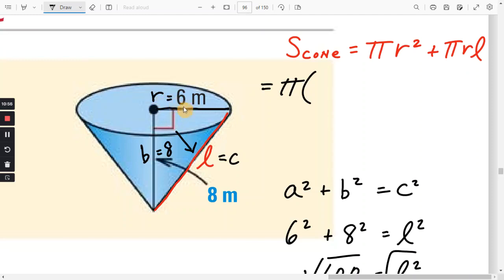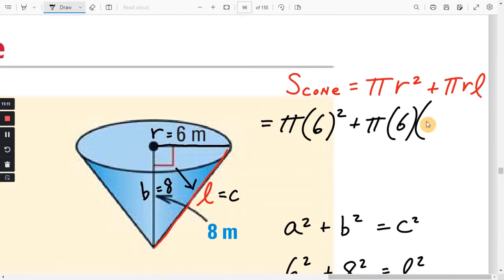So that's your radius. In place of r squared, I'm going to do 6 squared. And that's plus pi times r. Once again, that's 6. Times L, which we just found. We said that was 10. All right, leave pi alone. 6 squared, or 6 times 6 is 36.